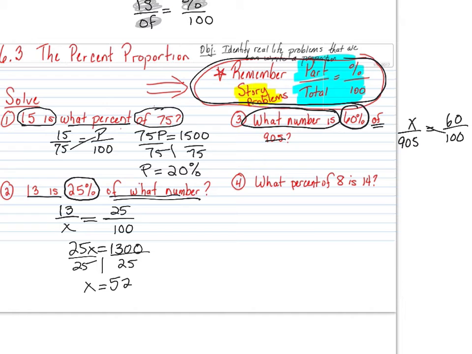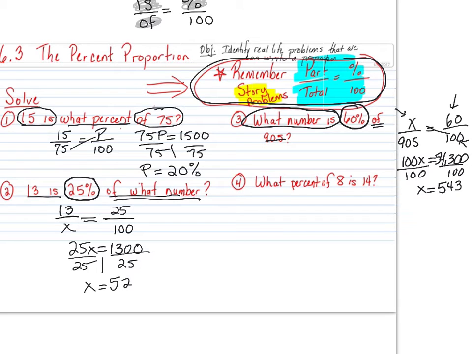Cross multiply, you get 100x equals 54,300. Then we divide both sides by 100. And x is going to be 543. Okay, remember to look at these. See how that's little over big? This one is going to have to be smaller than 905.